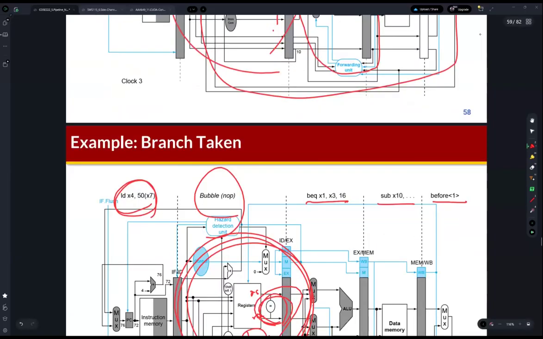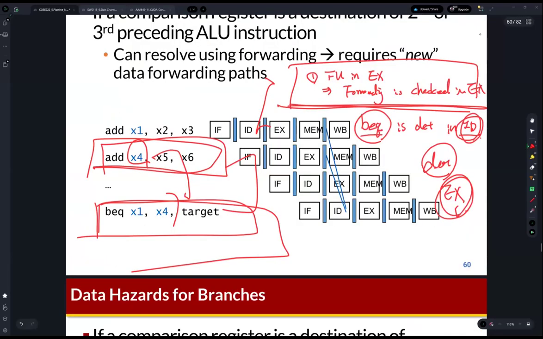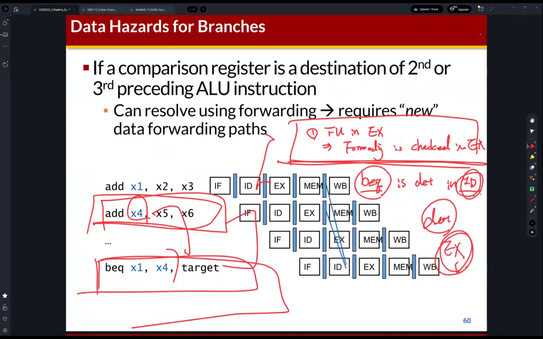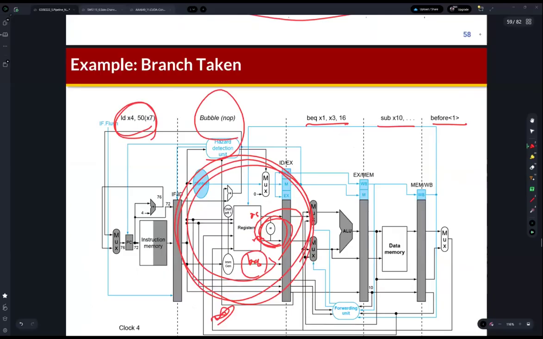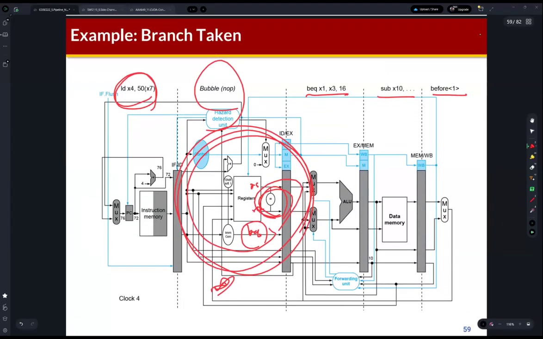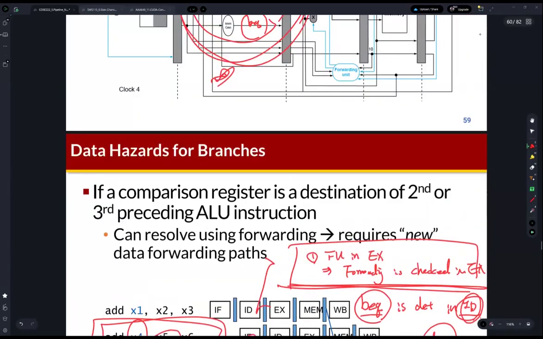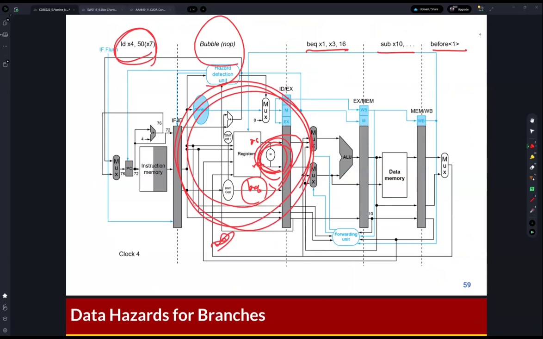But I also explained about the new data hazard for this solution, right? New data hazards are provoked because this comparator is located before the data forwarding multiplexers, right?